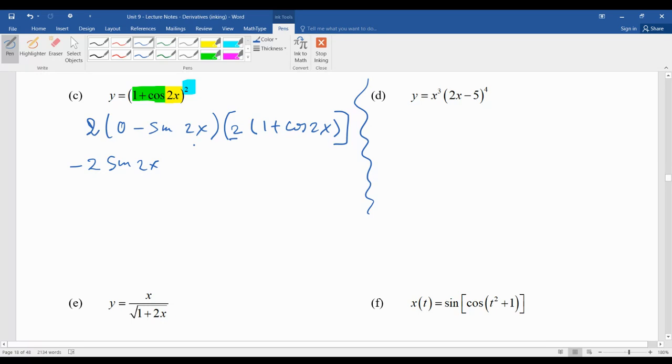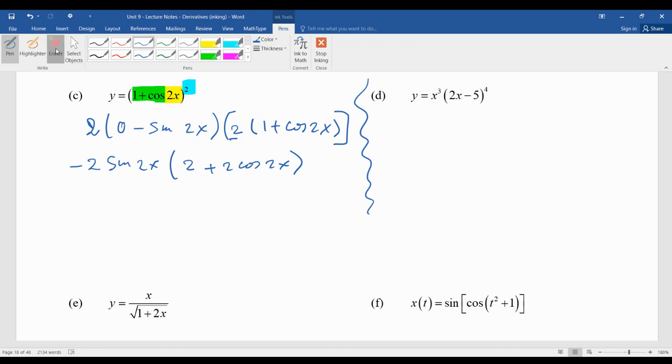And then this multiplied by 2 times 1 plus cosine 2x. We can keep this like this, or we can just, okay, let's do something else.